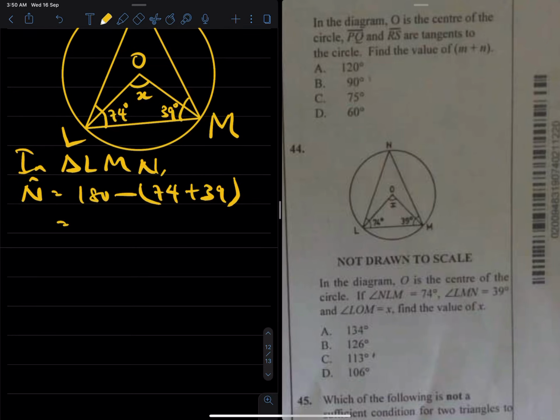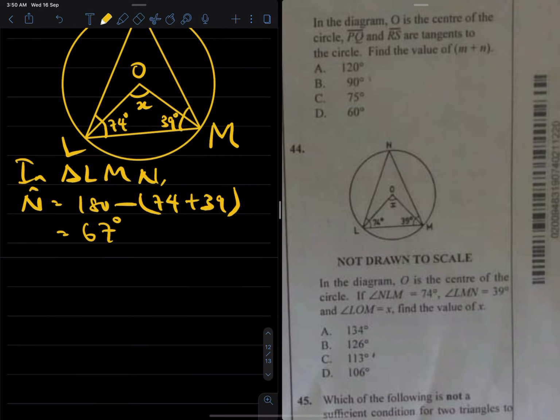That is 180 minus 74 minus 39, which equals 67 degrees.